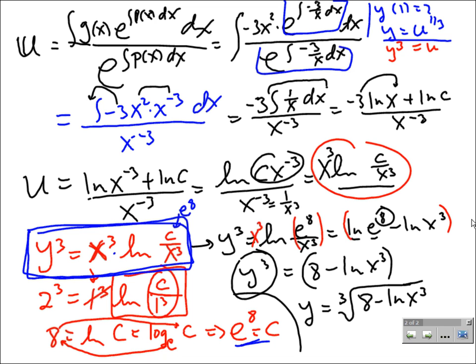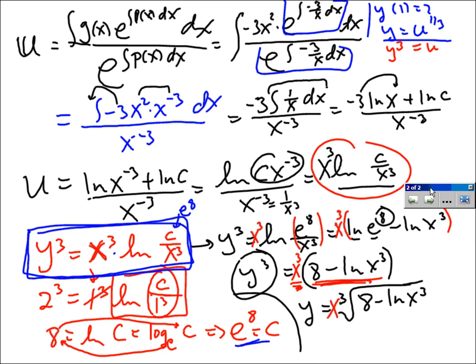Now that in the brackets is ln of e to the 8 over x cubed, but we still have the x cubed in front. Now when you take the cube root of a product, you take the cube root of the first, which is x, times the cube root of the product, which I don't know. So there is your answer. We're off by a factor of x. I'm sorry.